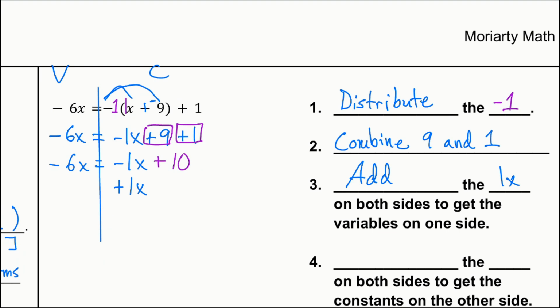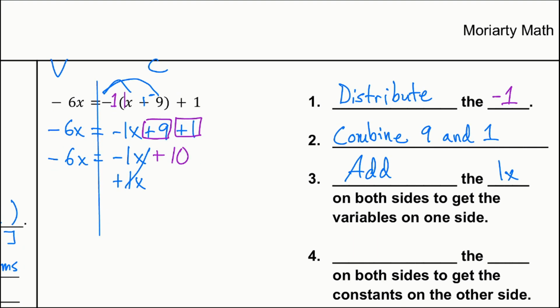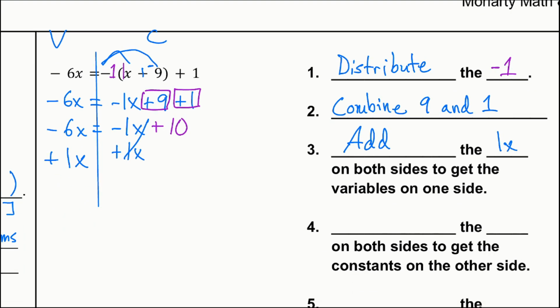You need to add the 1x because that's going to get the variables off of the constant side. This is where things get a little bit weird to look at. Okay, so you've got that. Negative 6 plus 1x is a negative 5x. The 1x's are gone. We have a 10 on the right side.